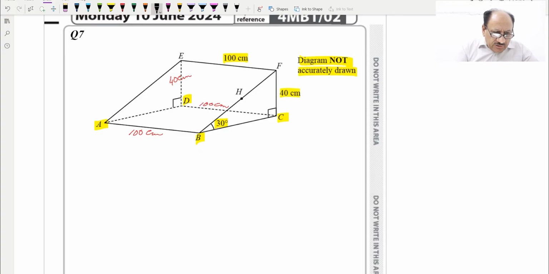The point H lies on the line BF such that BH is equal to 57.5 centimeters. Only this length is 57.5 centimeters.